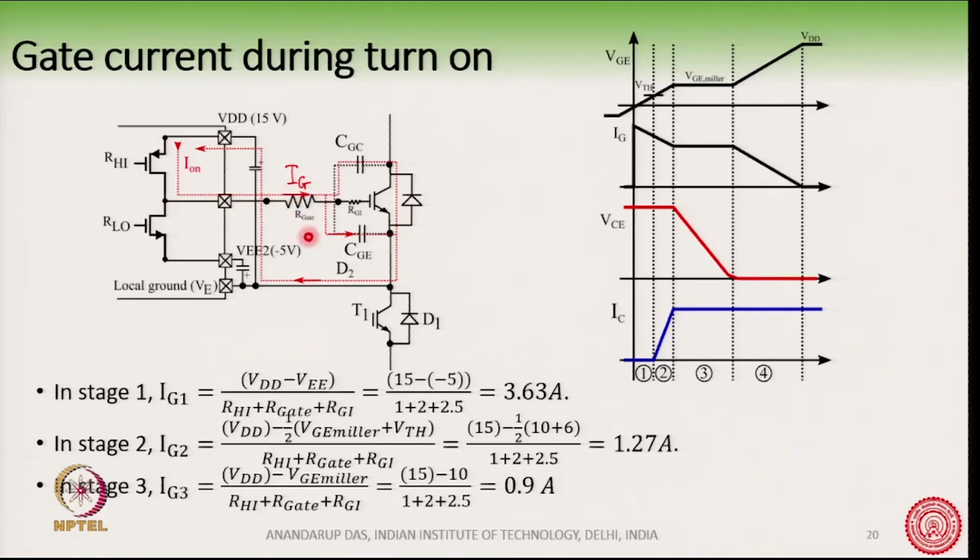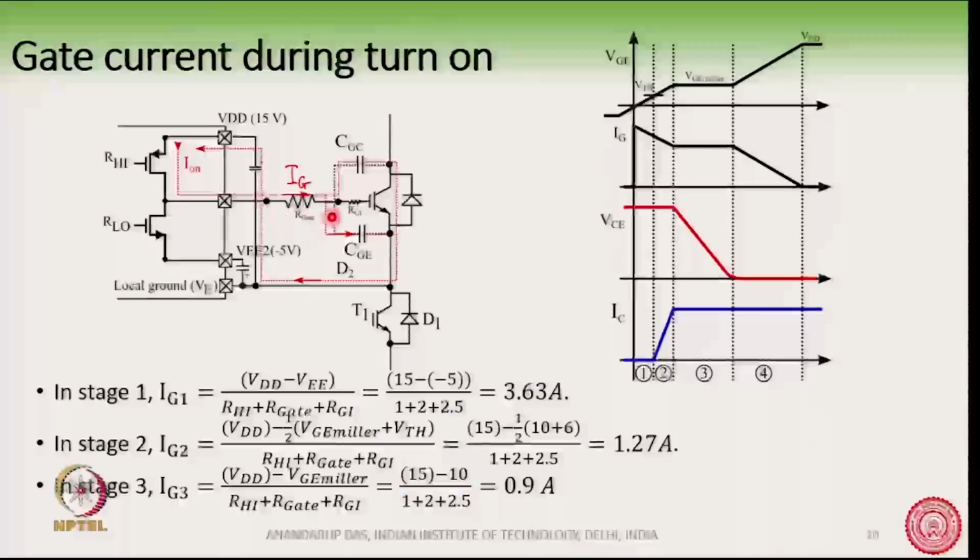This is a resistance which we will externally connect, because we would like to control the gate current, how much is the turn on interval, the time for which stage 2 and 3 has to be applied, so that we can control the switching losses of the power device.